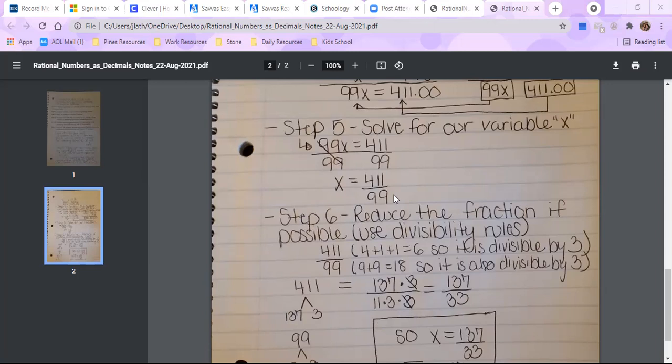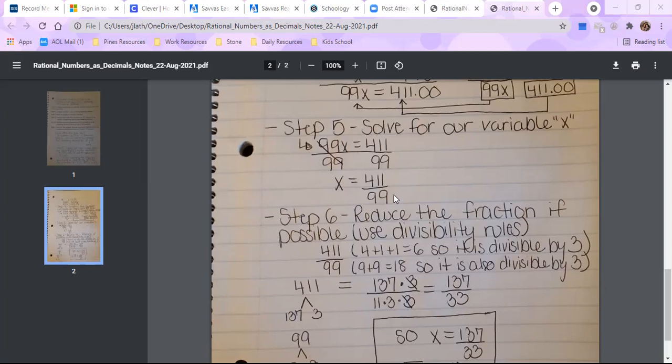So our rule for divisibility by 3 says if you add all the digits and that answer is divisible by 3, the whole number is. So 4 plus 1 plus 1 is 6. Therefore, 411 is divisible by 3. 9 plus 9 is 18. 18 is divisible by 3. So 99 is also divisible by 3.